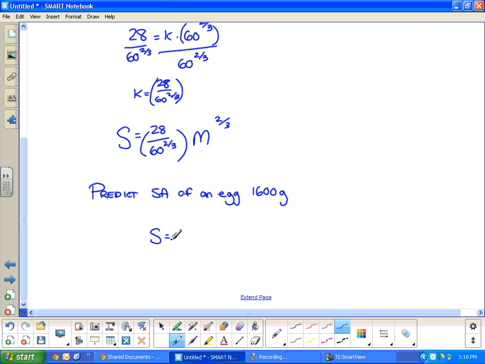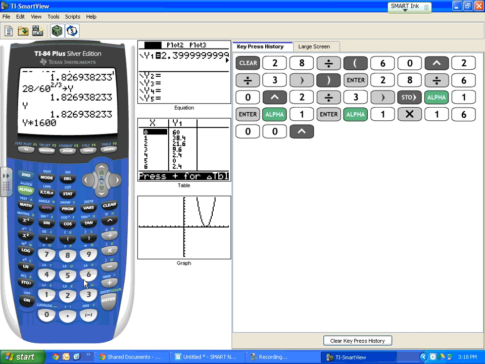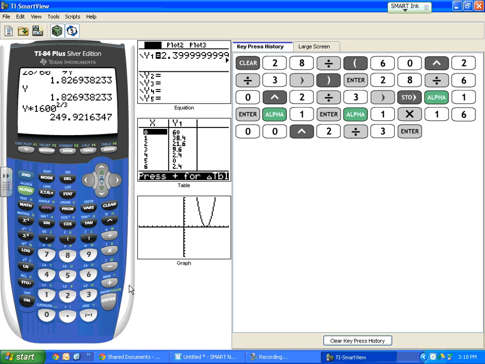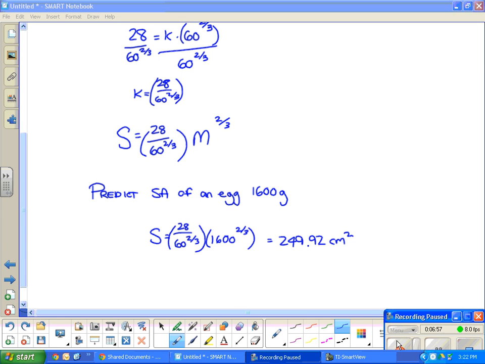We want S. So we're going to say S equals 28 over 60 to the 2/3 times 1,600 to the 2/3. And we can go back up here and type this in: alpha Y times 1,600 to the 2 divided by 3. And we get 249.92, and we'll just leave it at that. And that'll be centimeters squared.